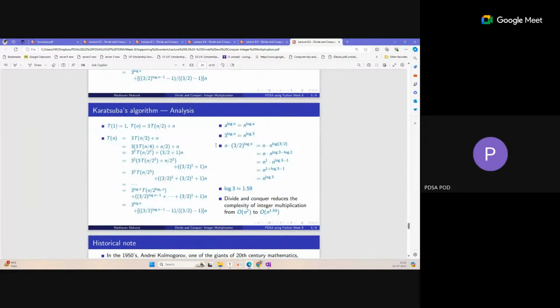You can see in the Karatsuba algorithm we are getting the complexity n to the power 1.59, which is lesser than n square. So using this divide and conquer approach, we are getting this complexity.